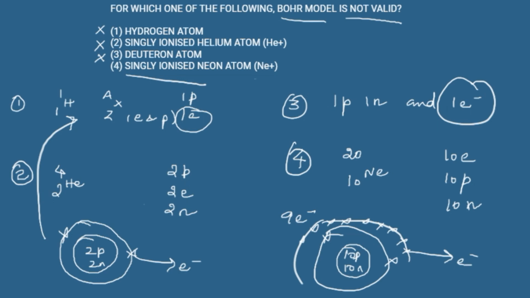This is a multi-electron system that is explained by higher models like the Hartree model. These models explain successfully the energy states and arrangement of the electrons, but Bohr's model is not successful with the neon atom. So the correct option is option number 4, singly ionized neon atom.